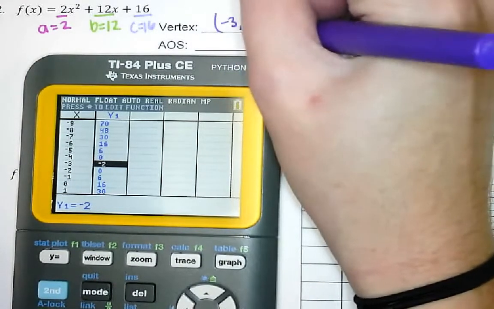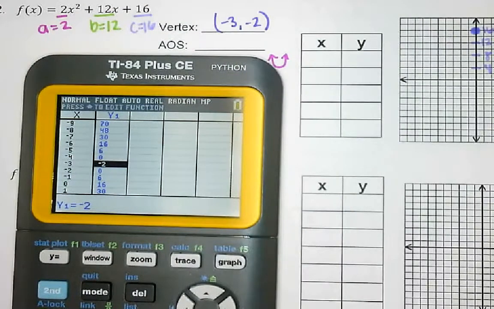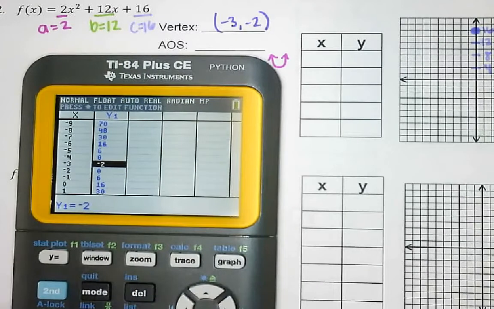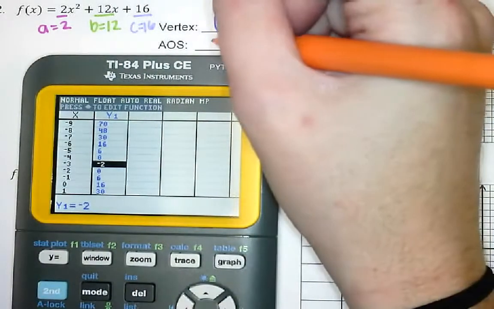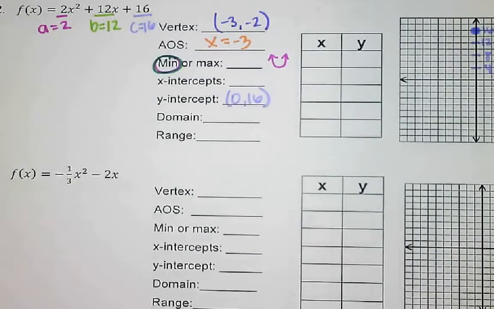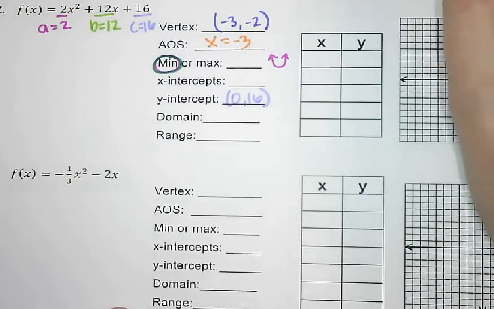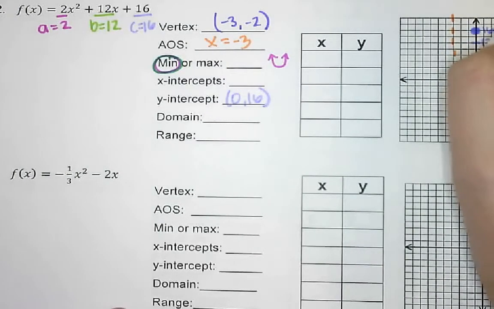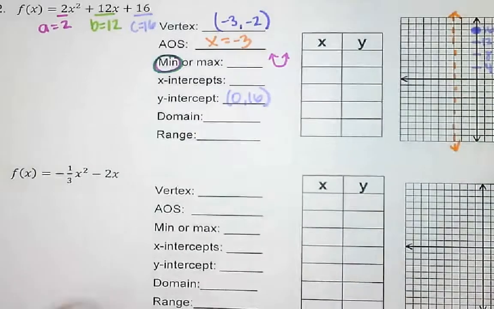Okay, and then my axis of symmetry is going to be built off of that. So it's going to be x equals -3. So I'm going to graph this right here. So that's going to be -3.